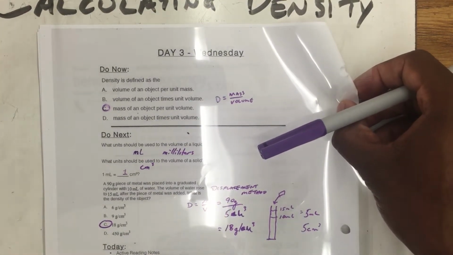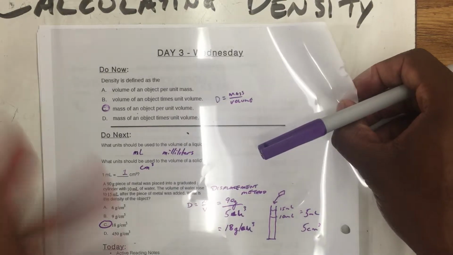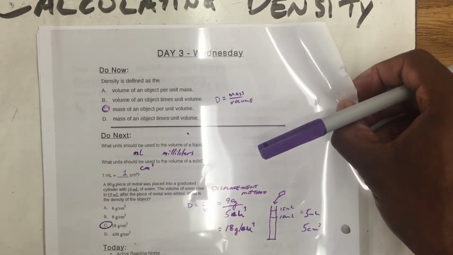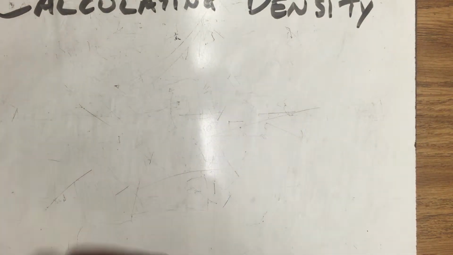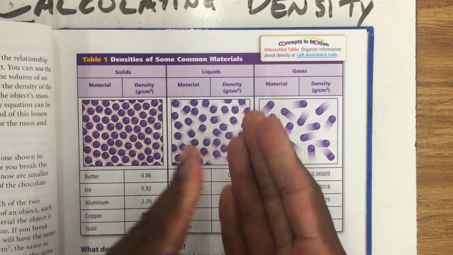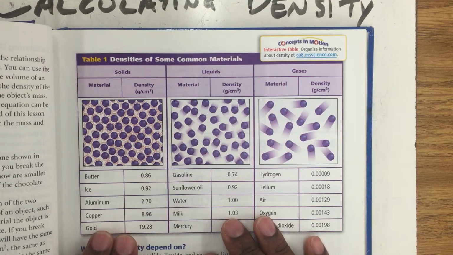But I'm actually going to show you how to also do it in real life. We can actually take the density of any object. Now, every substance has a density, and I want to remind you, density is simply saying how much matter do you have in a certain amount of space.